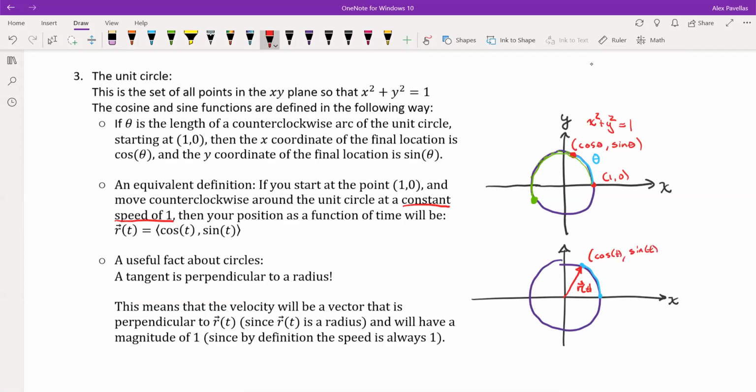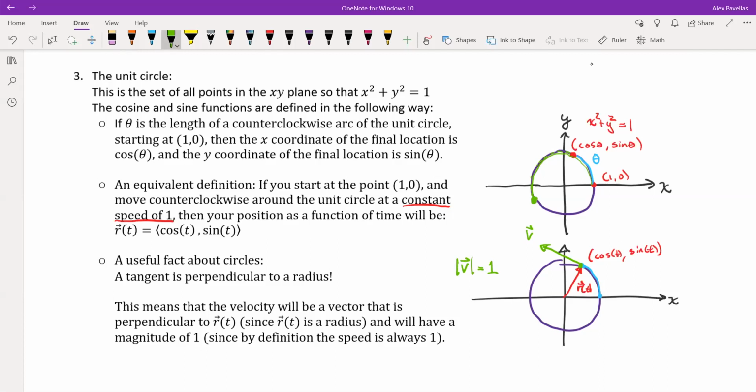The important thing is this definition works as long as the magnitude of v is equal to 1. We could even draw a little tangent vector here. A tangent vector would point that way. That would be a velocity vector at a particular point, and it would always have a length of 1 by definition, because we're walking around the circle at unit speed.